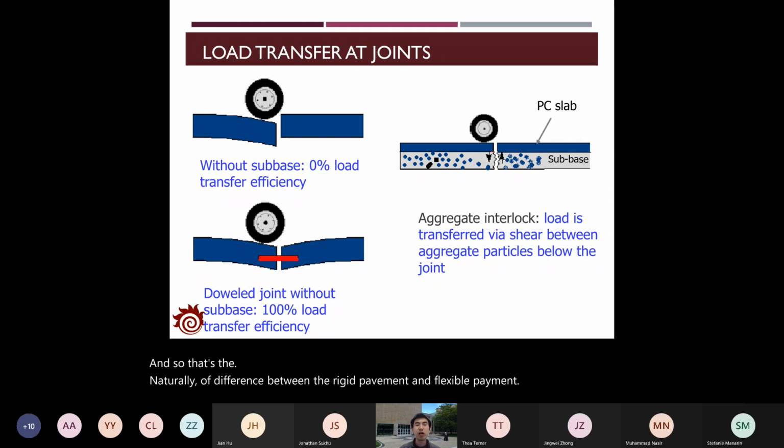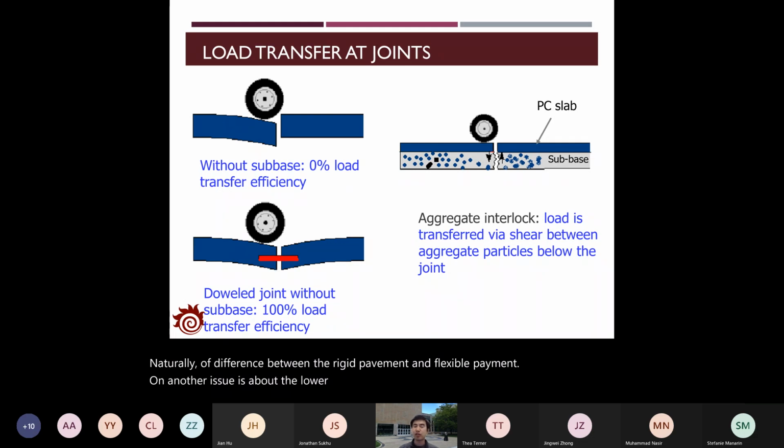Another issue is about the load transfer at the joints. This is about the load transfer in the longitudinal direction. Actually, it's not from the vertical direction.